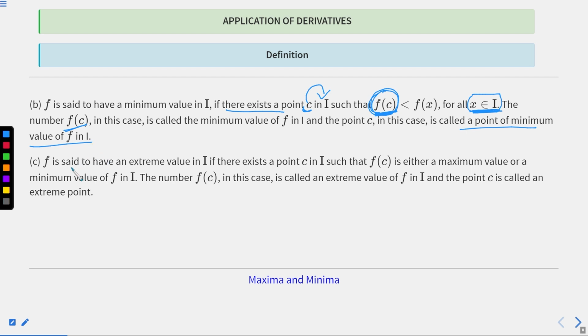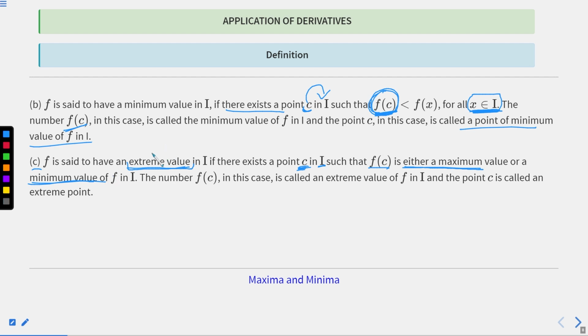Okay, clear? Now see, f is said to have an extreme value in I if there exists a point C in I such that f of C is either a maximum or a minimum. If someone is saying that f has an extreme value, it could be the maximum or it could be the minimum value of f.